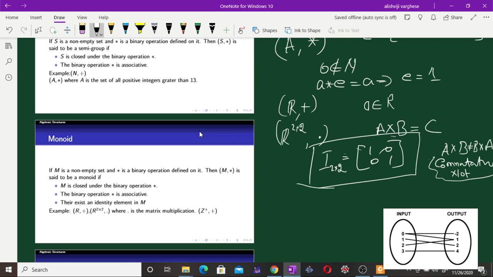Now another example, Z plus, the set of all positive integers under addition, is not a monoid.